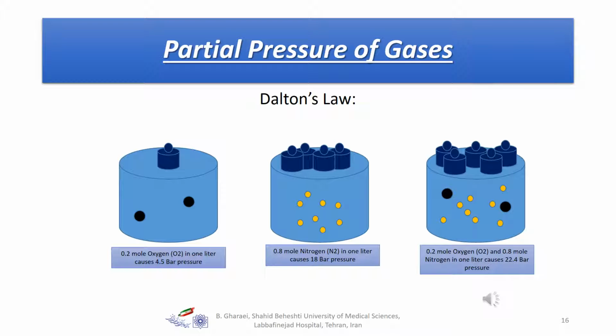In other words, as you can see in this picture, on the left side, 0.2 mole of oxygen in 1 liter plus 0.8 mole of nitrogen in 1 liter. If they both come together in 1 liter, will cause a pressure equal to the pressures of those gases each had.